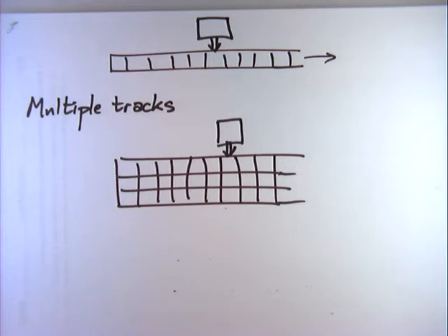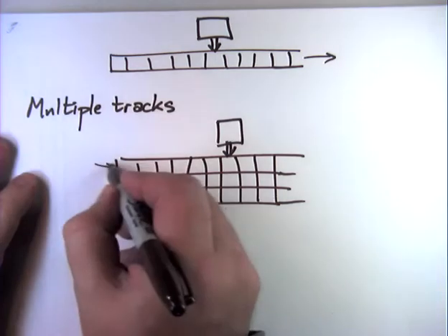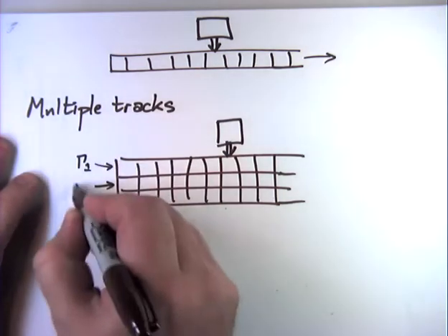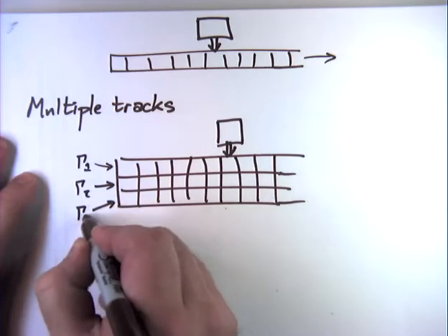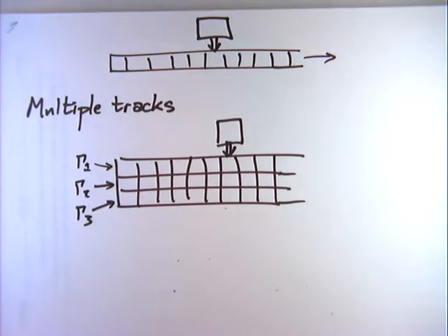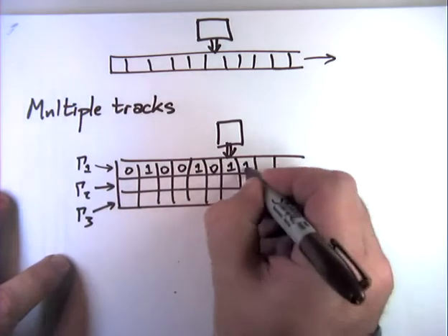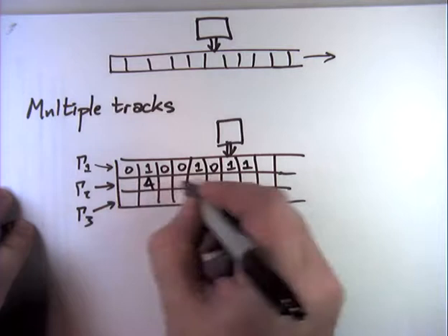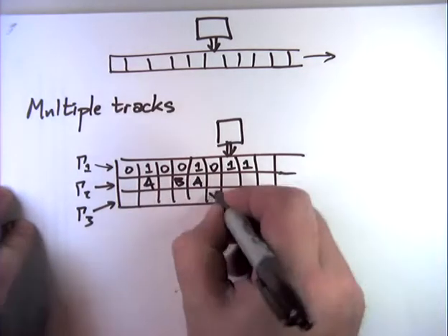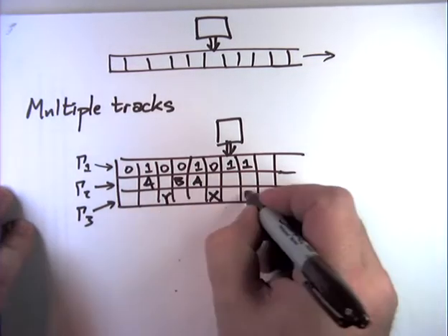Now this is actually immediate, right? And the reason is, if I imagine that these 3 tracks each draw symbols from 3 different alphabets, have gamma 1 for track 1, gamma 2 for track 2, and gamma 3 for track 3. So for example, maybe track 1 is going to contain zeros and ones, and maybe track 2 will contain A's and B's, and track 3 will contain X's and Y's.